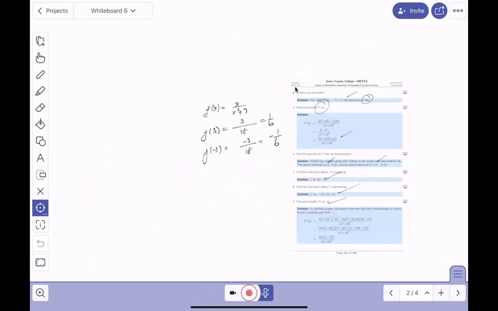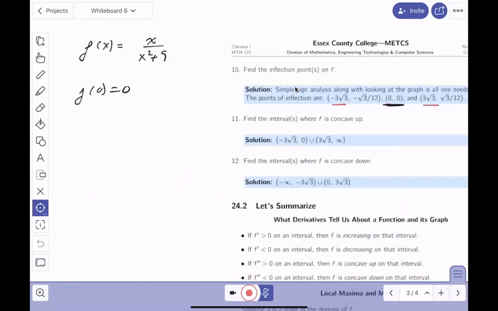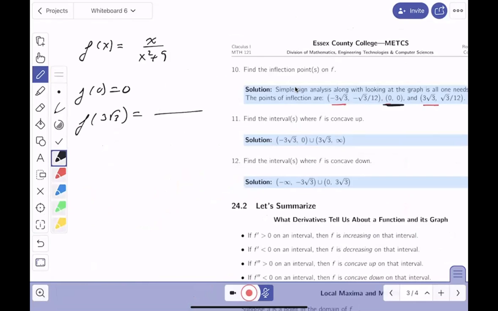All right, let's go back, and I want to compute the numbers now. And what are the numbers going to be? Well, I did f of 0, and I want to do now f of 3√3. What do you get there on top? 3√3. What do you get on bottom? Well, you'd get 36. Again, square 3√3, add 9 to it, you get that.